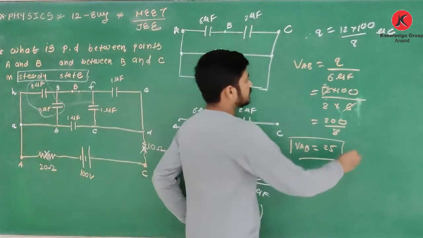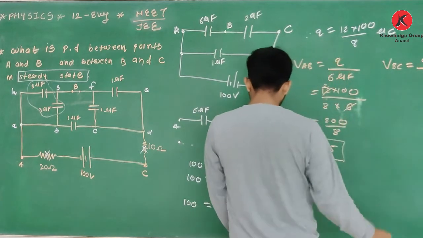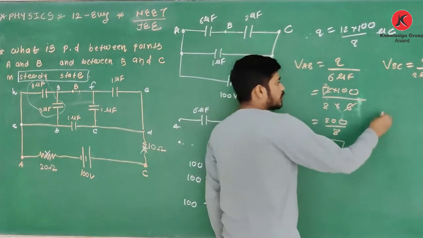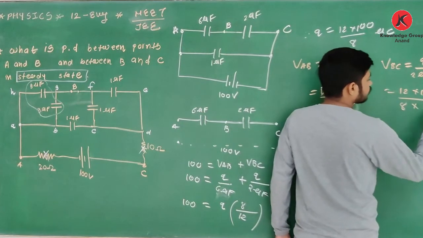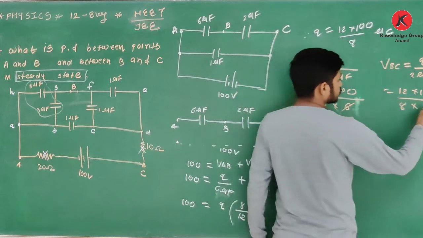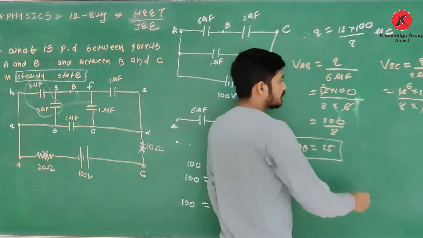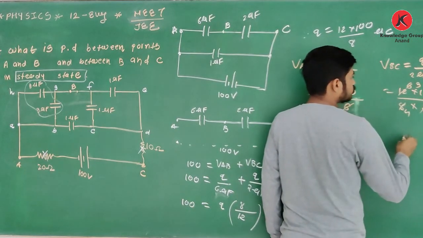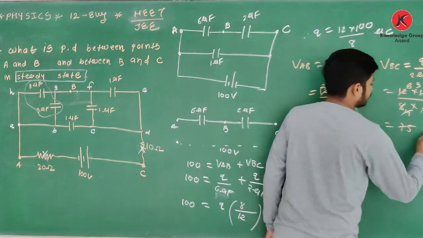Similarly, what is VBC? VBC is equal to Q upon 2 microfarad. So what is the value of Q? It is 12 into 100 divided by 8, and here it is 2 into 6, then 3 into 2, and here 4 into 2, it is 4. 25 into 3 is 75.